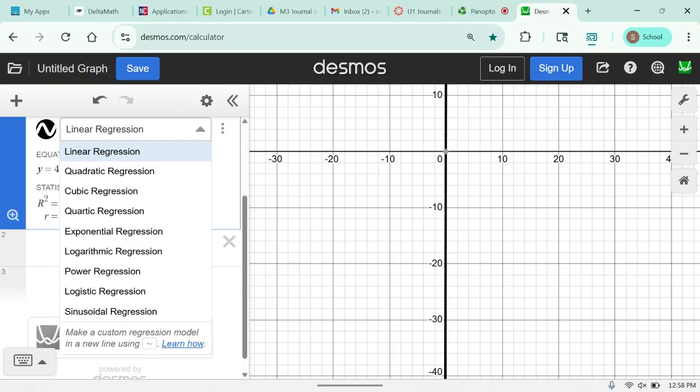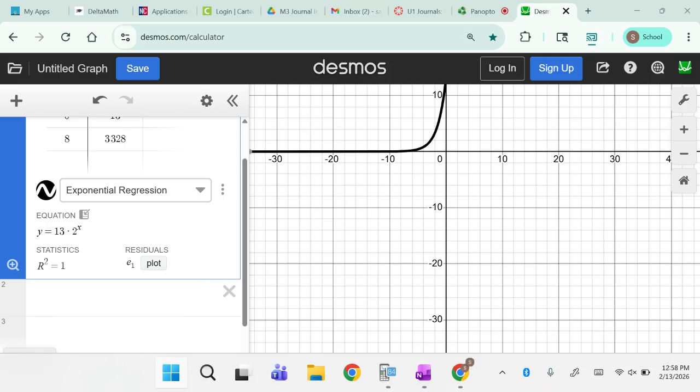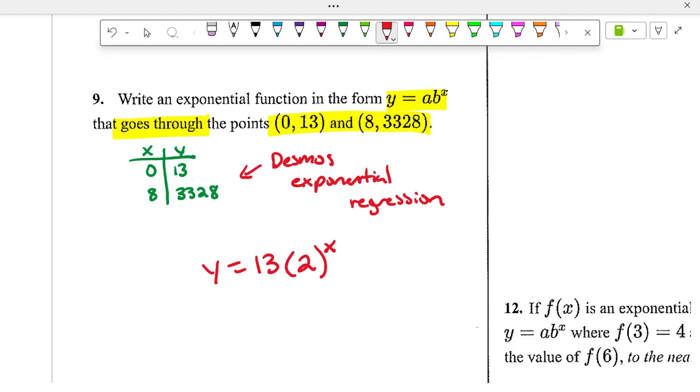And I'm going to hit linear, not linear, exponential regression. And there's my function. 13 times 2 to the x power. That's all you got to do.